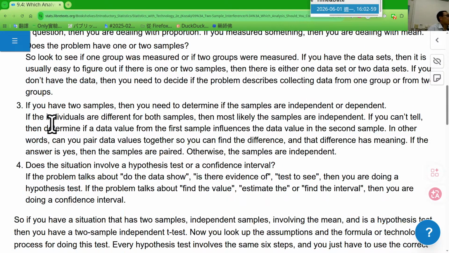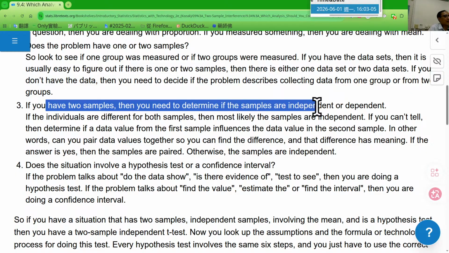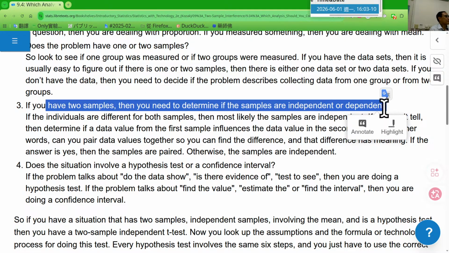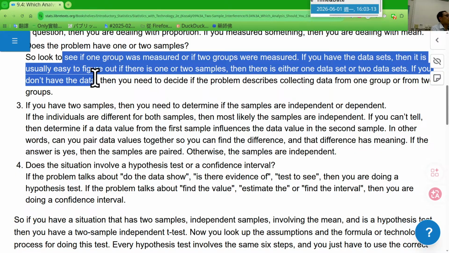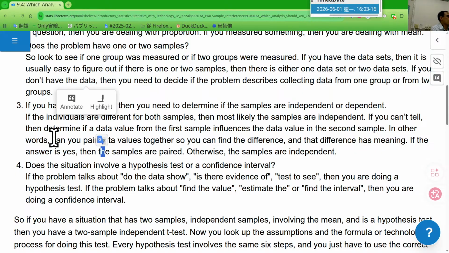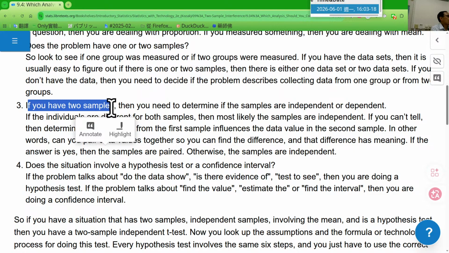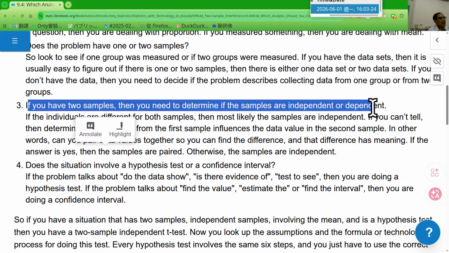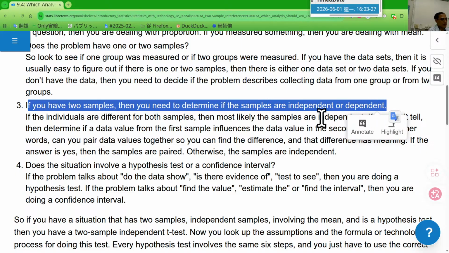Number three, if you have two samples, then you need to determine if the samples are dependent or independent. Again, dependent or independent. If you have two groups, you need to determine whether the samples are independent or dependent. As we mentioned previously, for example, you joined the drinking water test survey.